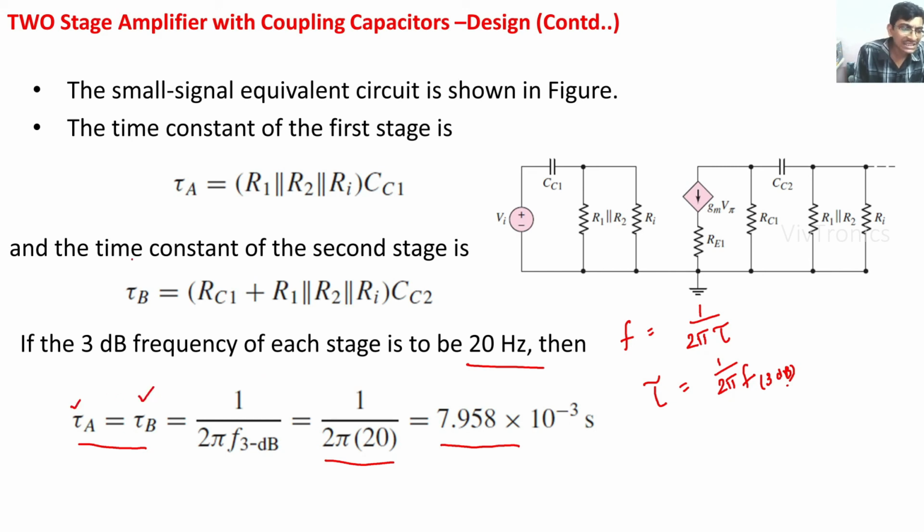By using these equations for tau A and tau B, we can get the values of CC1 and CC2. CC1 will be equal to tau A divided by R1 parallel R2 parallel Ri, and the CC2 capacitance value will be equal to tau B divided by RC1 plus R1 parallel R2 parallel Ri.